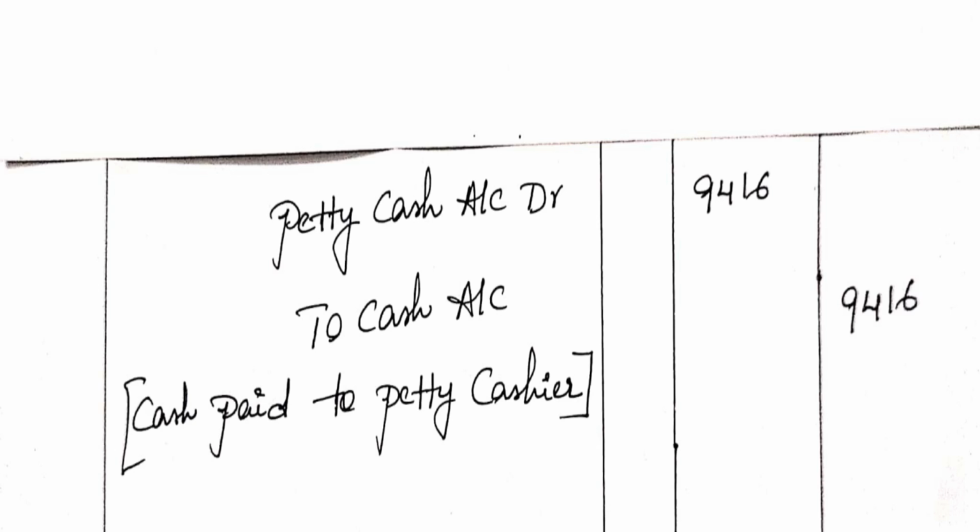That is the reason we are again debiting petty cash account and crediting cash account. And how much is he reimbursing? Whatever we have spent. So that amount is reimbursed to maintain the Imprest amount. We have recorded the transactions in the petty cash book and we prepared the journals. So this completes the petty cash book.